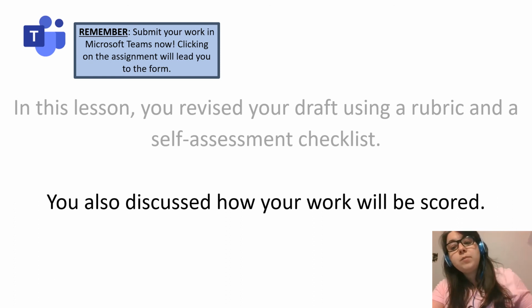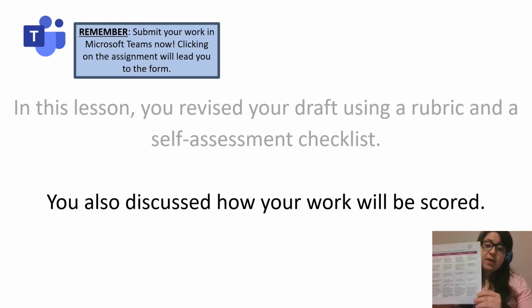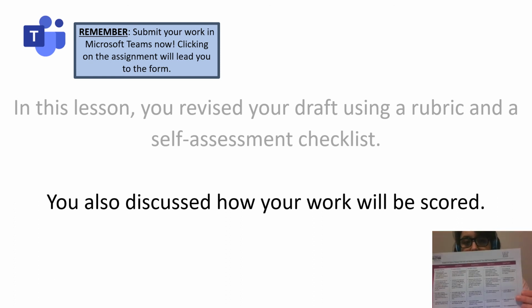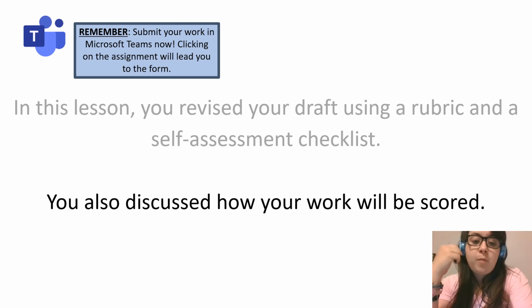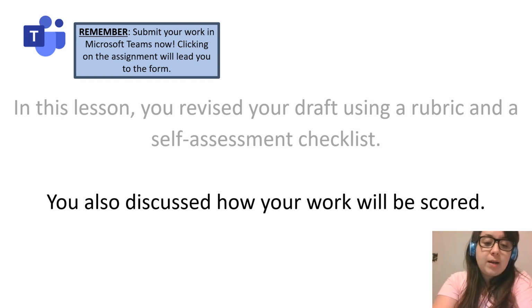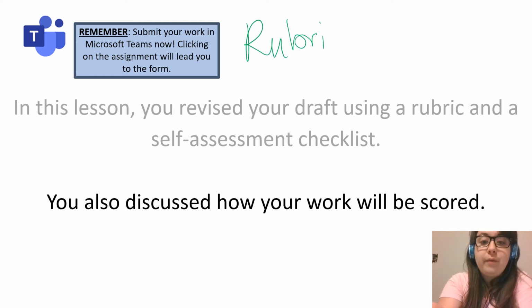I'm scoring your work based on this rubric right here, and you can find a copy of that on Microsoft Teams in the notebook area. So I'm going to put that up here as a quick reminder. Rubric in notebook.